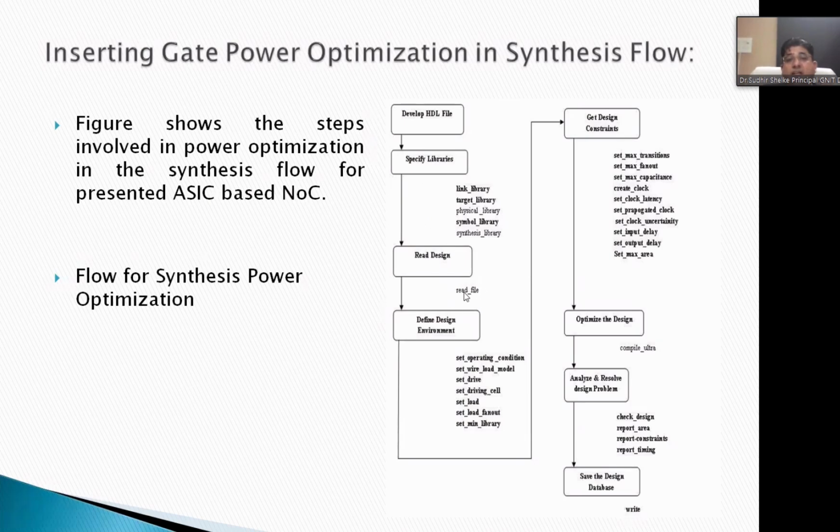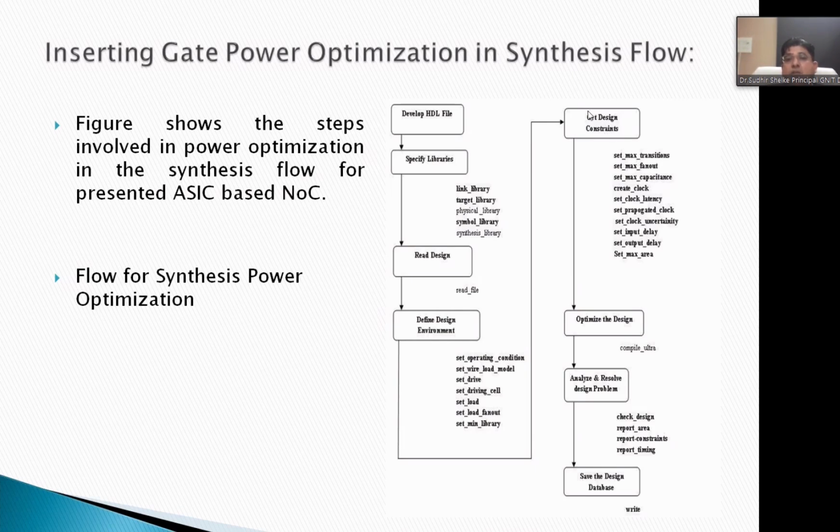Then the read file is given to the design environment: set operating conditions, that means the thermal conditions at which the chip has to be operated or designed, set wire load model, set driving cell, set load, fan out and fan in, set minimum library, and then get design constraints.